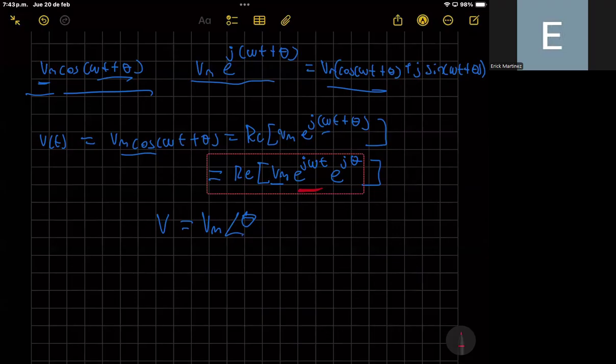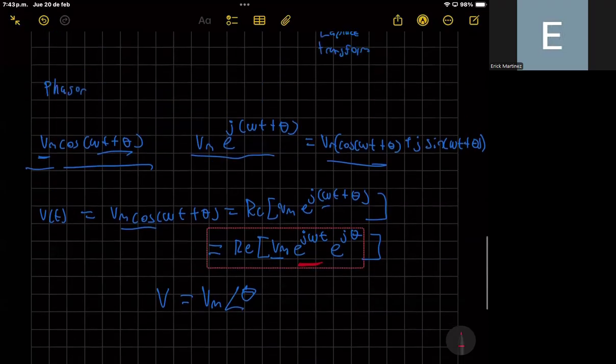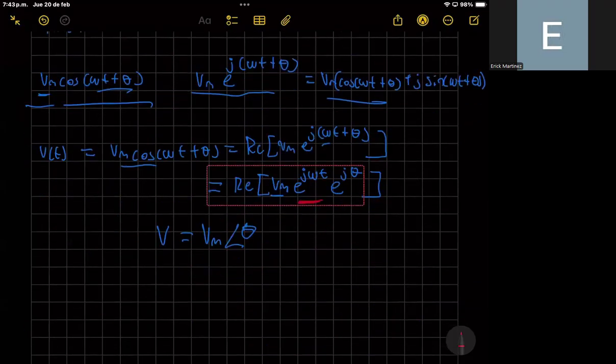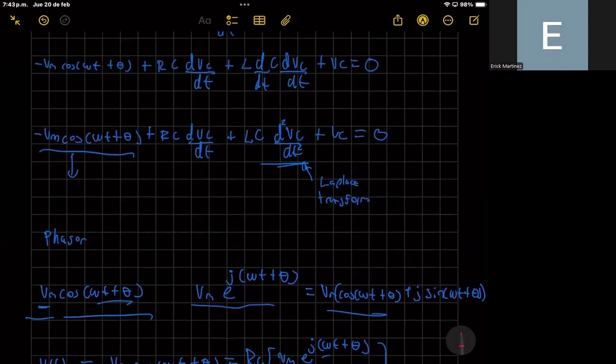Okay, and the reason why we can do that in the first place is that we can avoid using this complex exponential that depends on time, because this complex exponential that depends on time introduces all these complexities into my analysis.